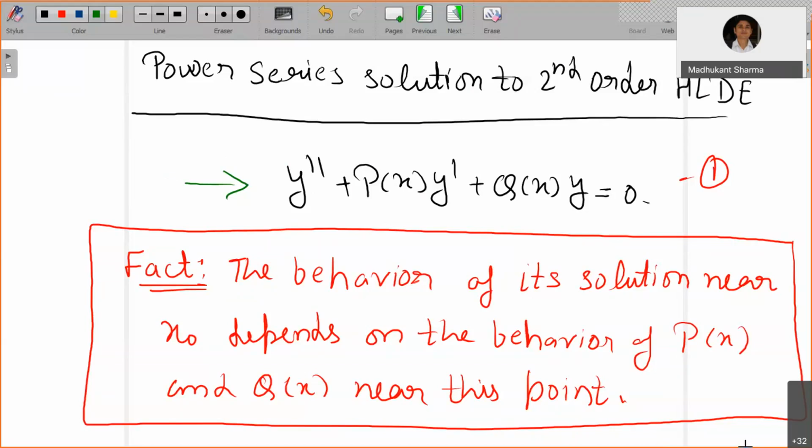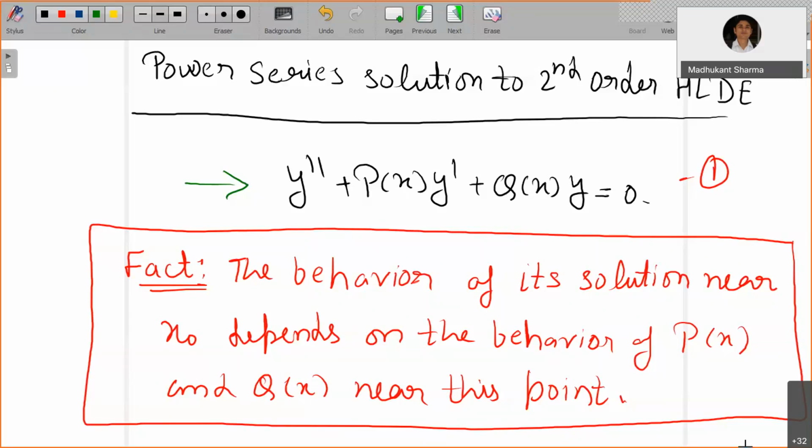That can be identified by the following fact: the behavior of its solution near a point x naught. You are looking at a solution near some point x naught, so you can at least decide the possible nature of the solution near that point by using this fact.